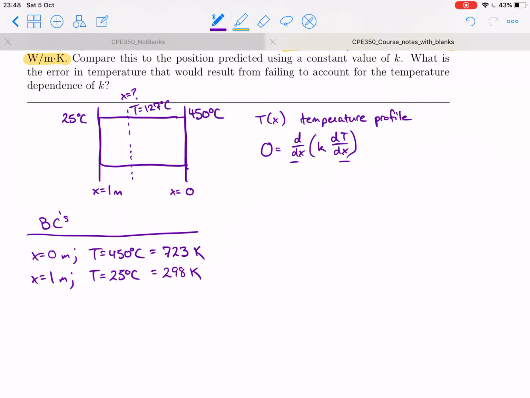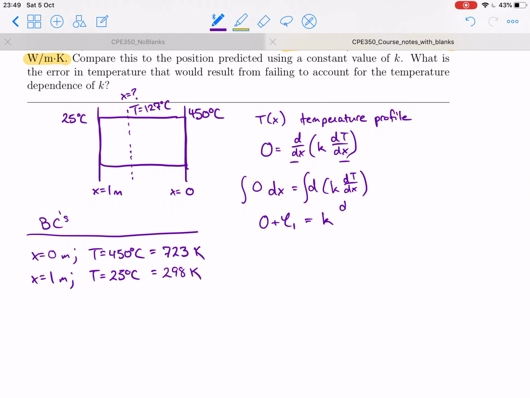Okay, to solve this differential equation, it's separable, so we will just separate and start integrating. And the first integration, the left-hand side is 0, but we do have a constant of integration, C1.